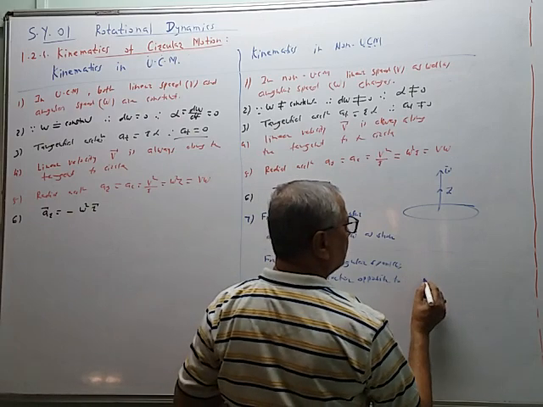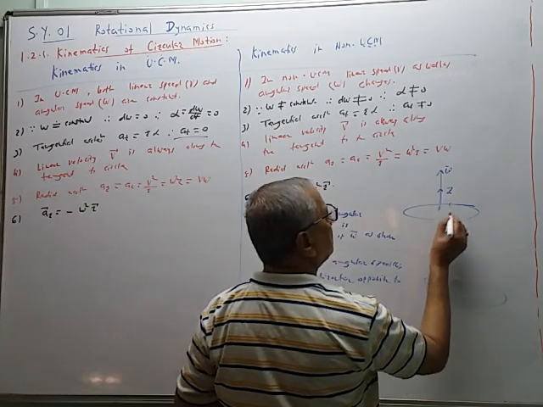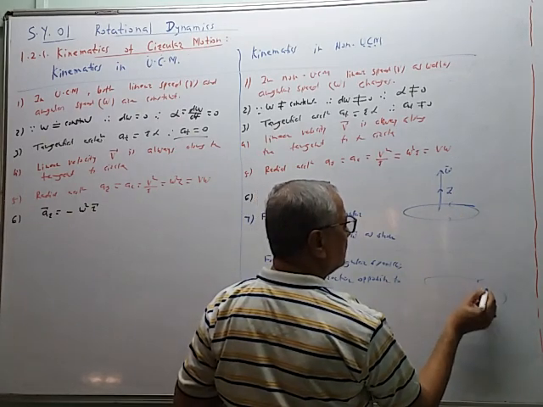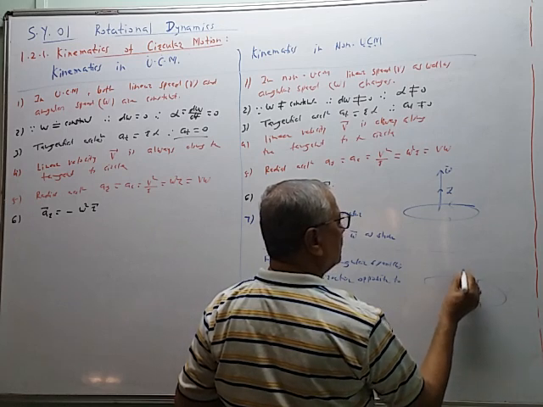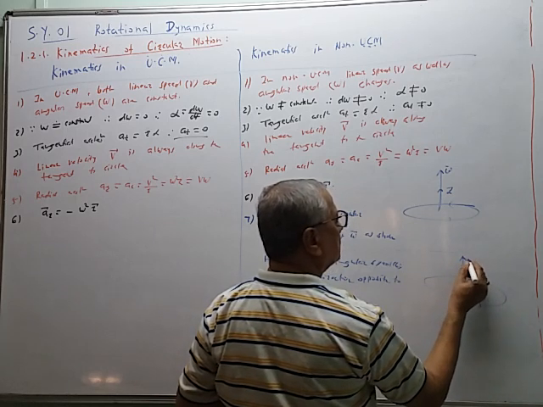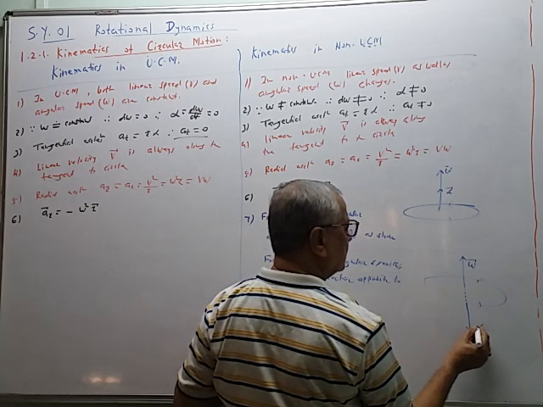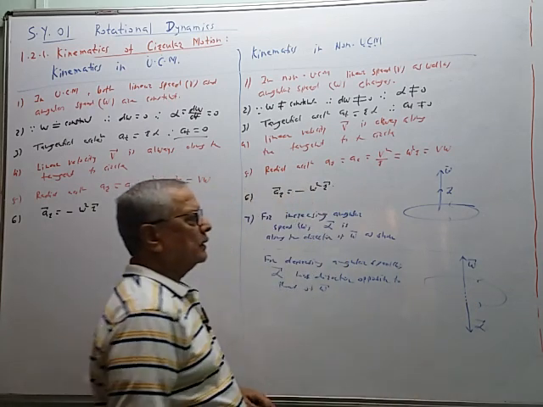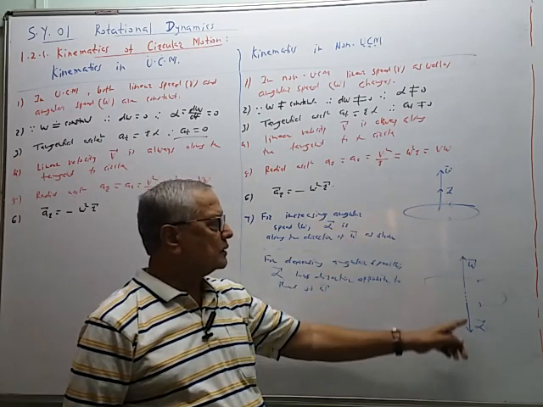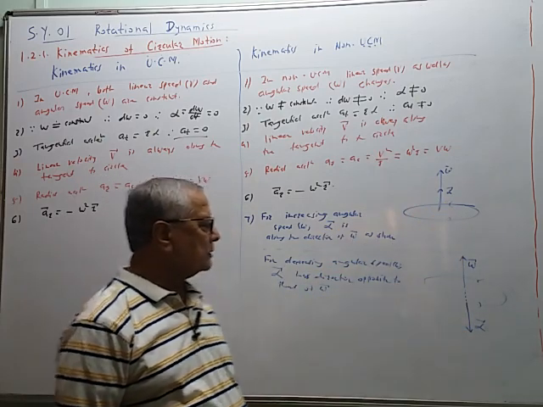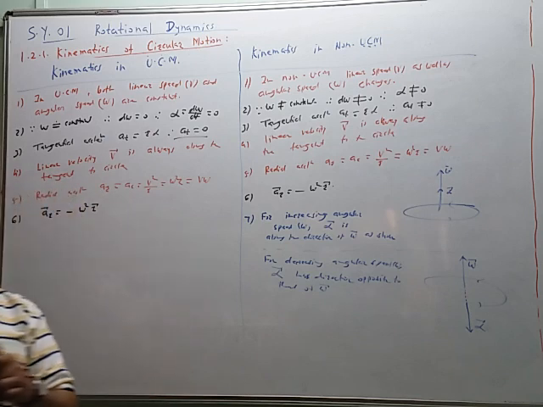So the figure is like this. The particle is performing motion like this. So if omega is in the direction, then alpha is in the direction like this. So omega and alpha are in the same direction, or omega and alpha are in the opposite direction like this. One more point.